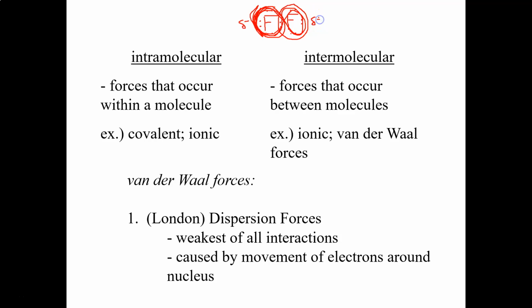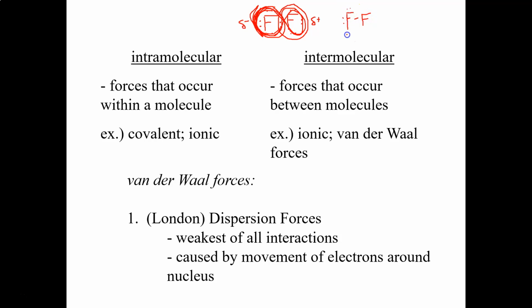So this side would be partially positive. Now, it doesn't stay that way, because remember, the electrons are just constantly whizzing around. So this might have occurred for just an instant and then disappeared as the electrons moved on their way and kept moving around. Well, what if there was another fluorine molecule right nearby?